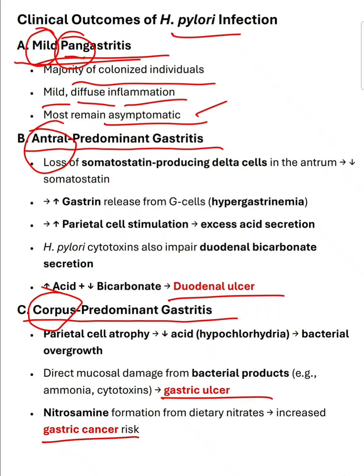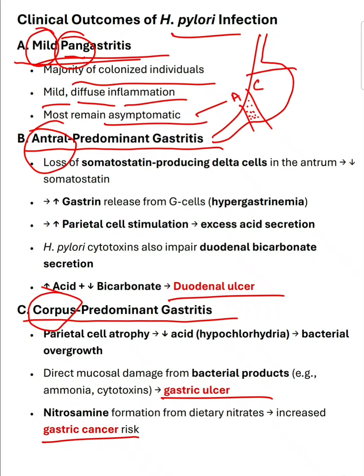So before I talk about the antral-predominant gastritis, let me draw the stomach here. So let's say this is the antrum and this is the body or corpus. As I mentioned, the antral-predominant gastritis is when the infection is predominantly here.